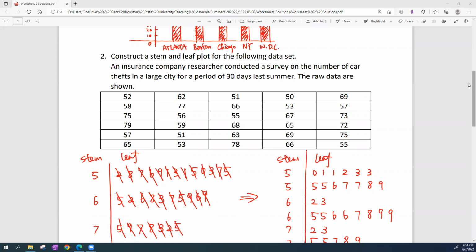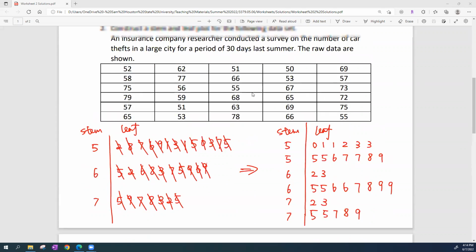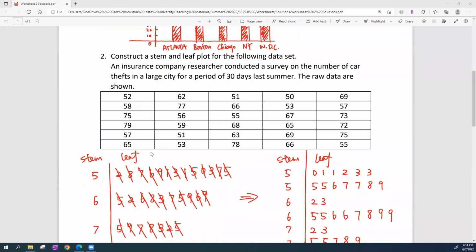So we have a total of 30 numbers here. And that matches with the 30 days, right? The 30 days.